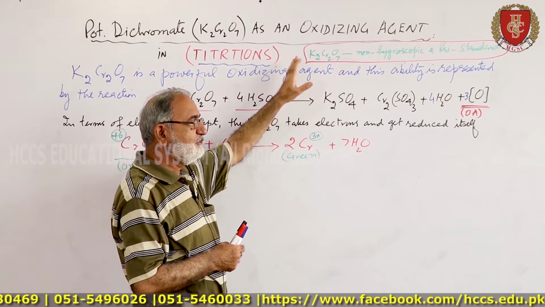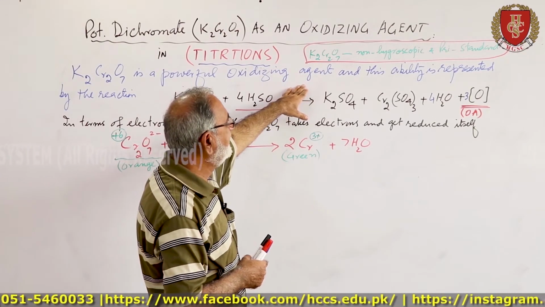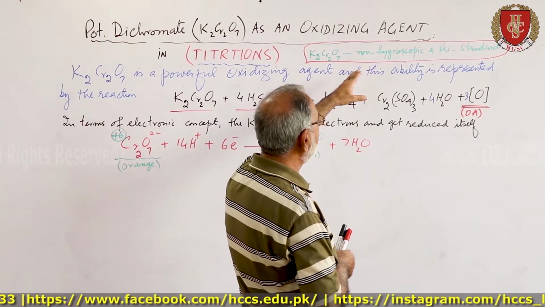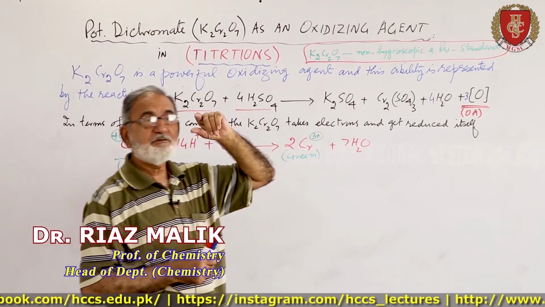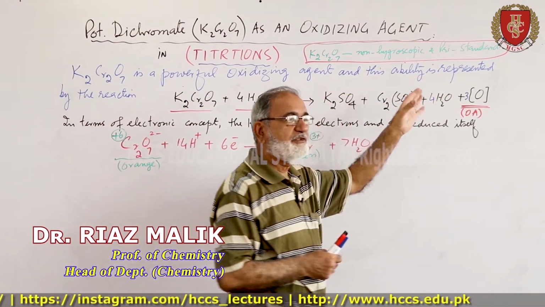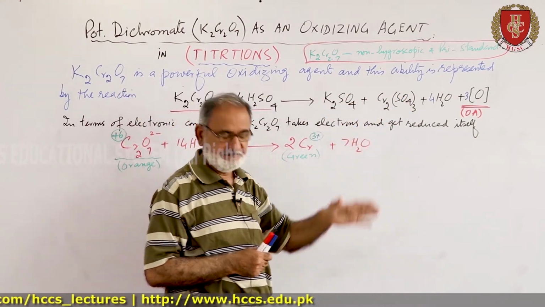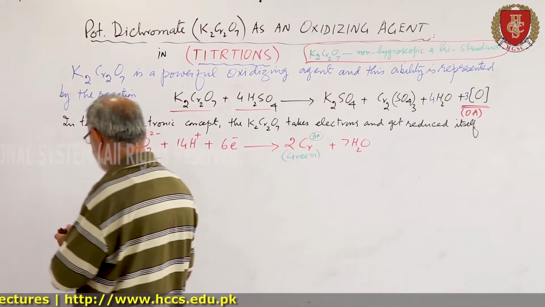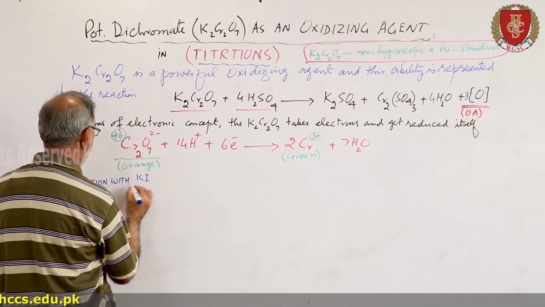But why do we select potassium dichromate as an oxidizing agent? Because it is non-hygroscopic, it does not absorb moisture and thus can be used as a primary standard, as its strength remains unaffected.